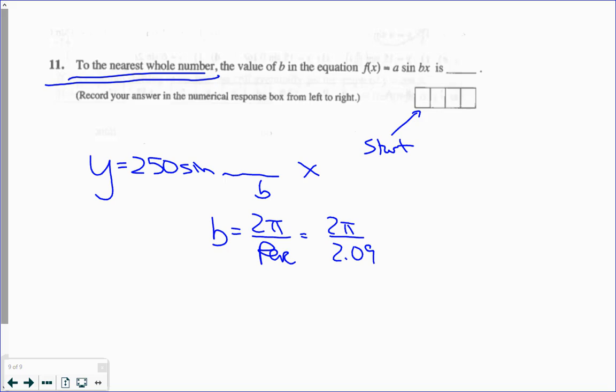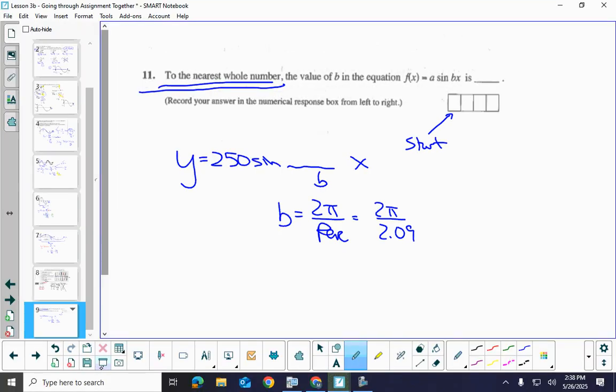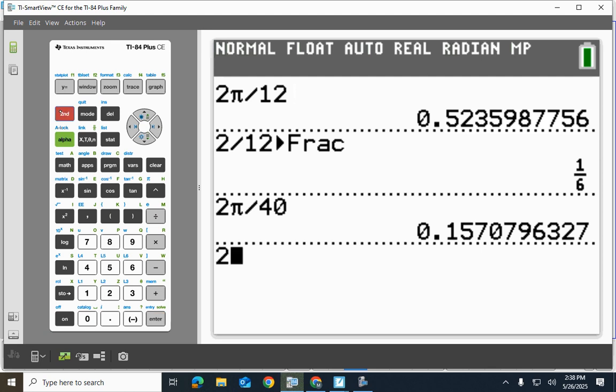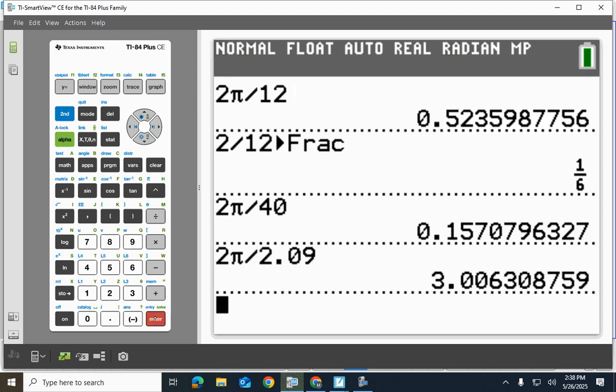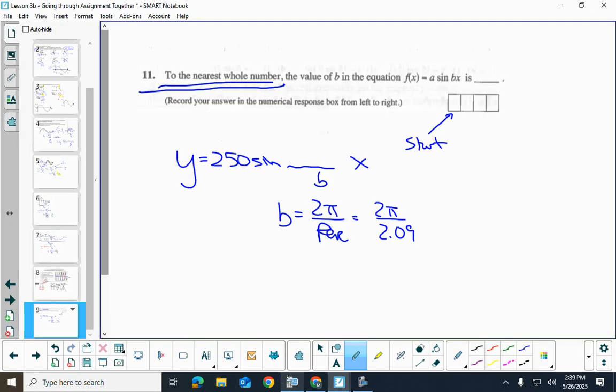So you're just going to punch that into your calculator. You're just going to go 2 pi divided by 2.09. So round that to the nearest whole number, and that would be 3. Okay. So again, this is the only square that you fill in. You do not fill in any of the others. Okay, you always start on the left and leave blank squares to the right.